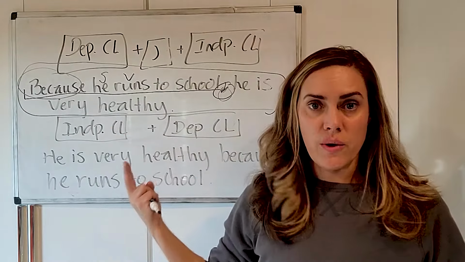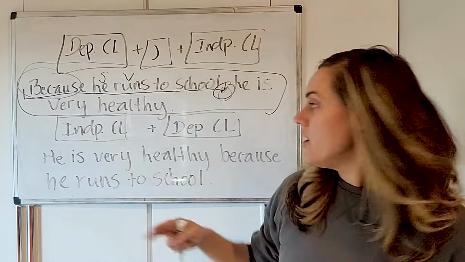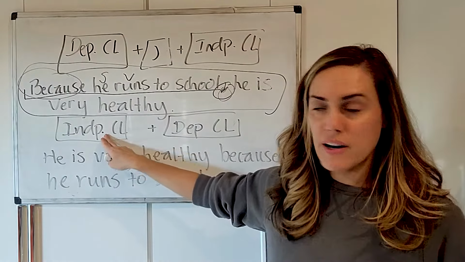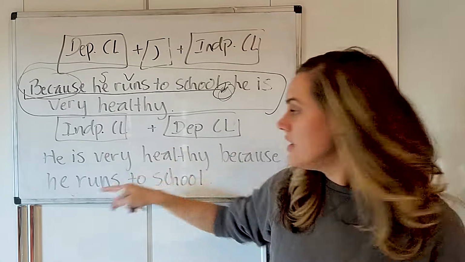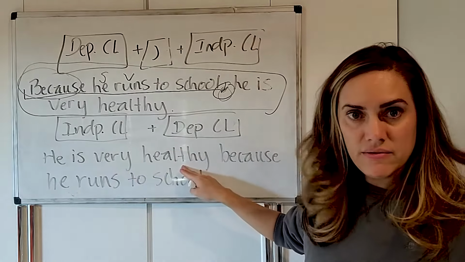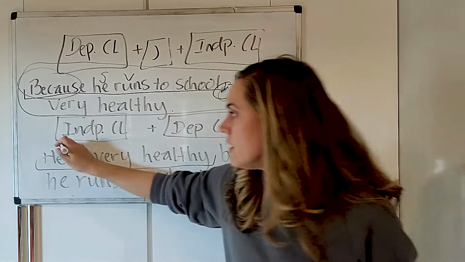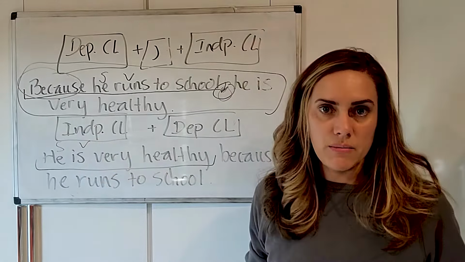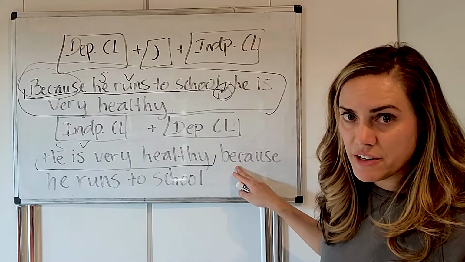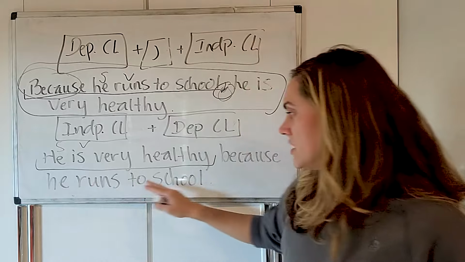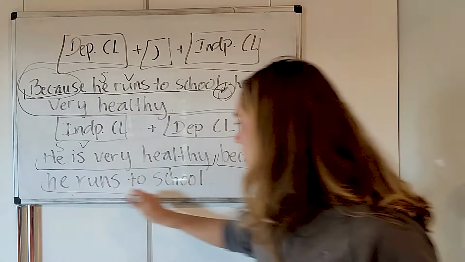This is the other way you can write it. It's also a complex sentence. You just switch the order. You start with the independent part and then you end with the dependent part. But look, no comma here. He is very healthy. There's our first independent clause. How do we know? Because it has a subject and a verb and a complete thought all by itself. Because, now here's our adverb, because he runs to school.